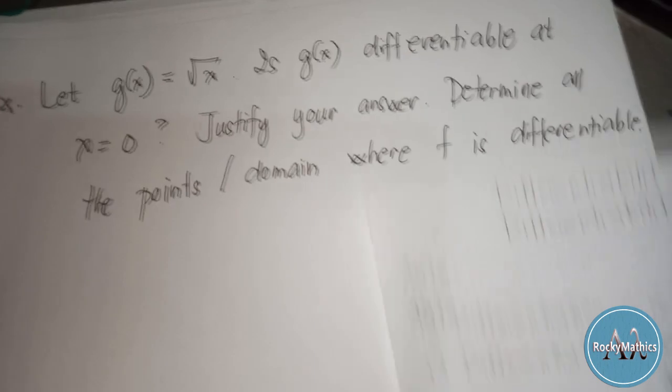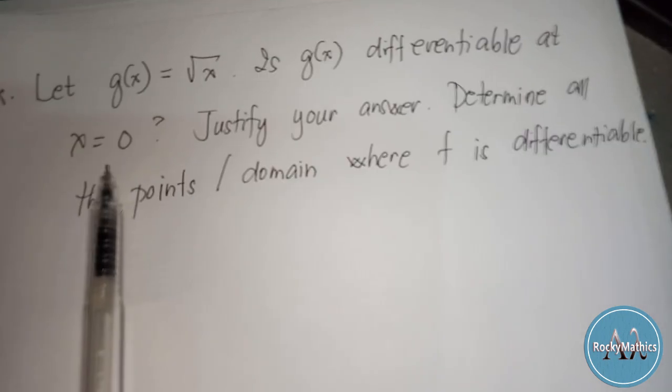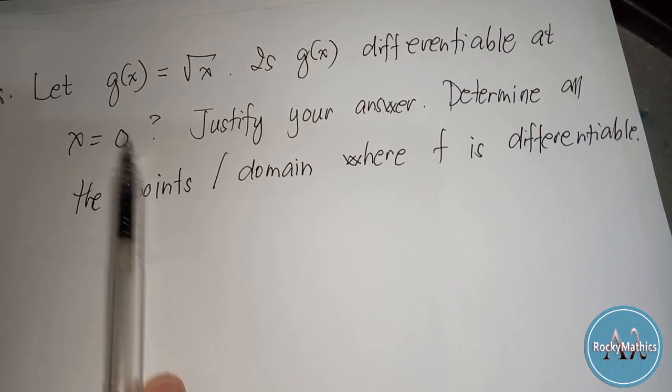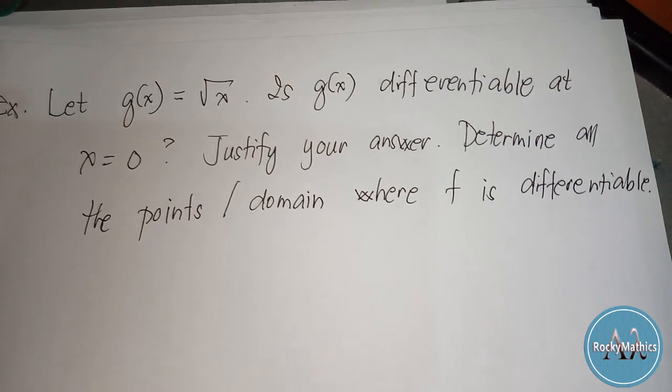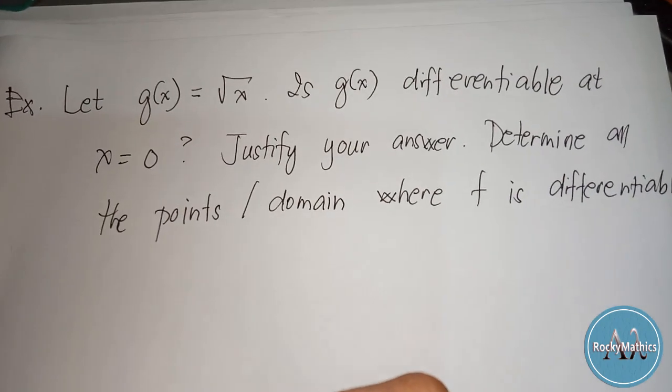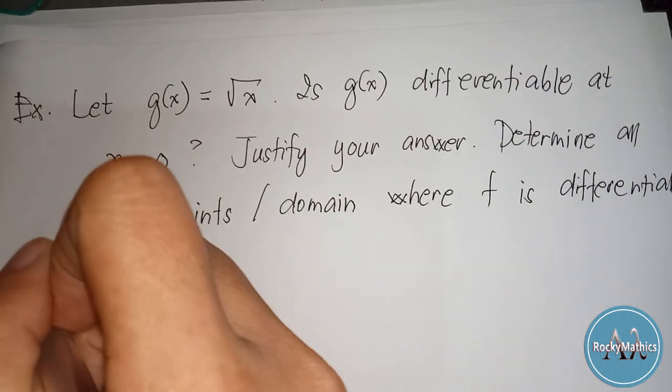So in this case, what is our a? At x is equal to 0. So a is equal to 0 in this case. So let us first solve the derivative.